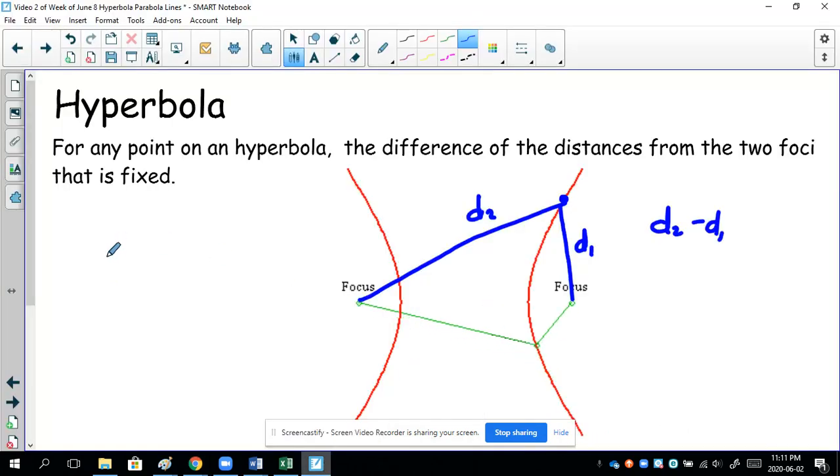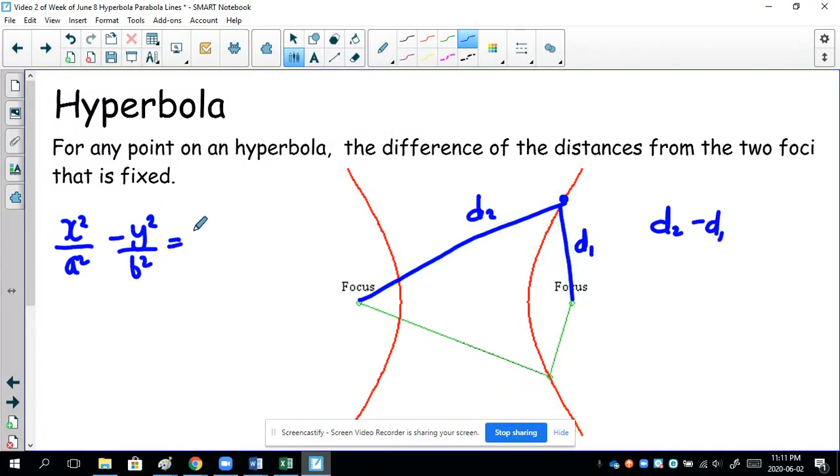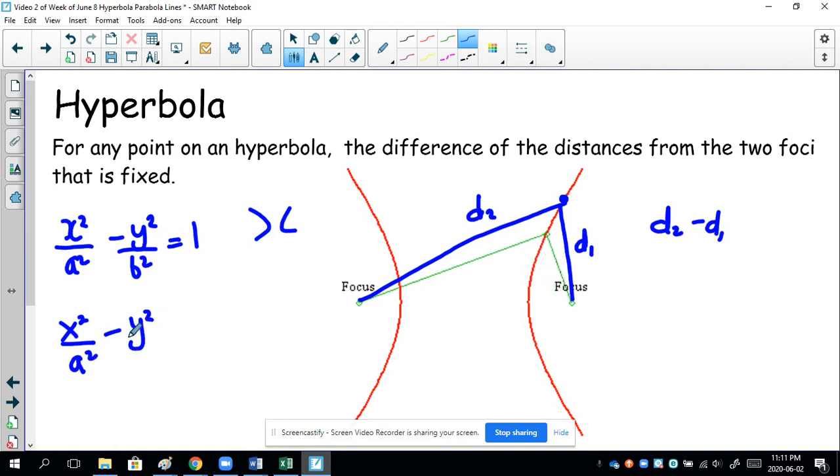Let's write it here. We either have x squared over a squared minus y squared over b squared is equal to 1, that's the horizontal hyperbola, or x squared over a squared minus y squared over b squared is equal to -1.